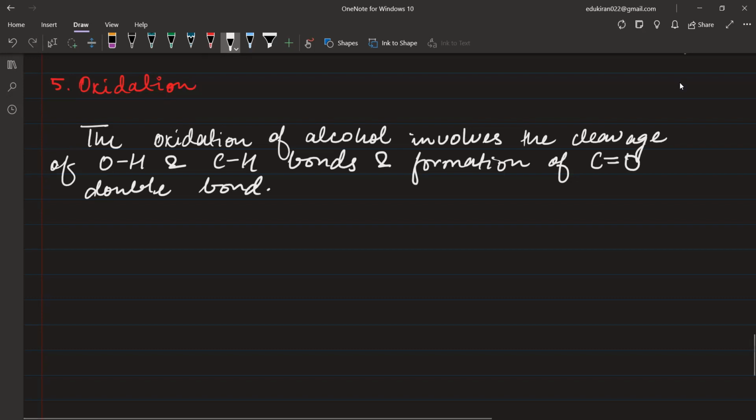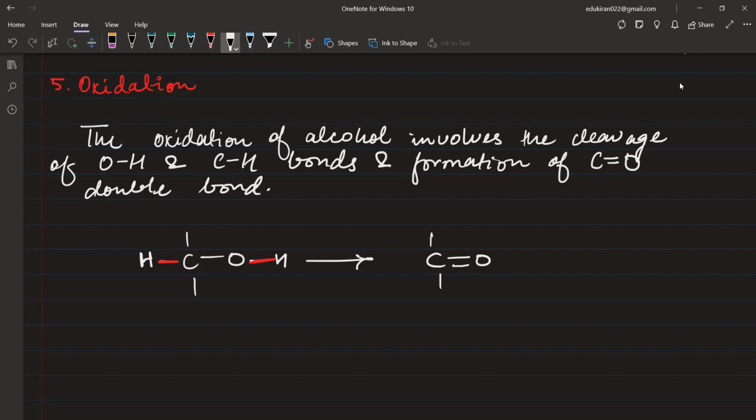Okay, so what is the structure of alcohol? So in alcohol we have carbon with some bonds like this, and with oxygen and hydrogen, the OH bond, and then we have hydrogen here like this. So this bond here is going to get broken, and this bond here is going to get broken. That means carbon is losing a sigma bond, oxygen is also losing a sigma bond, and both of these are going to make a C double bond O. That structure is trigonal planar, so it will be something like this.